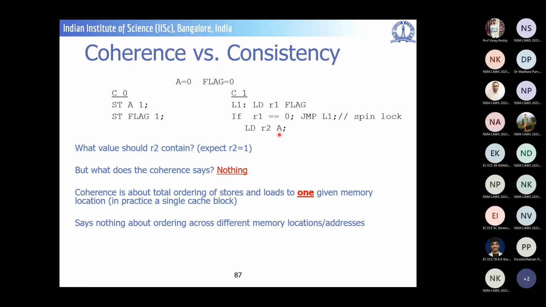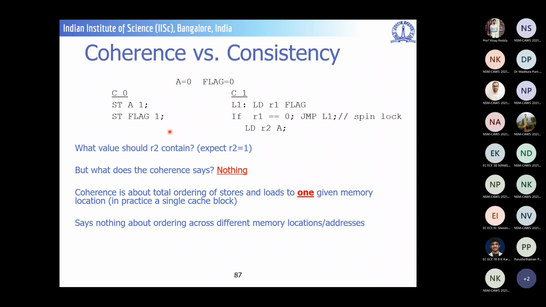It may be that the updated value of flag is shown to the thread running on core 1 before the updated value of A. That can happen, and coherence will not stop you because it only talks about each different location separately. But it's not uncommon for multi-threaded applications to write code where semantically two addresses are involved.